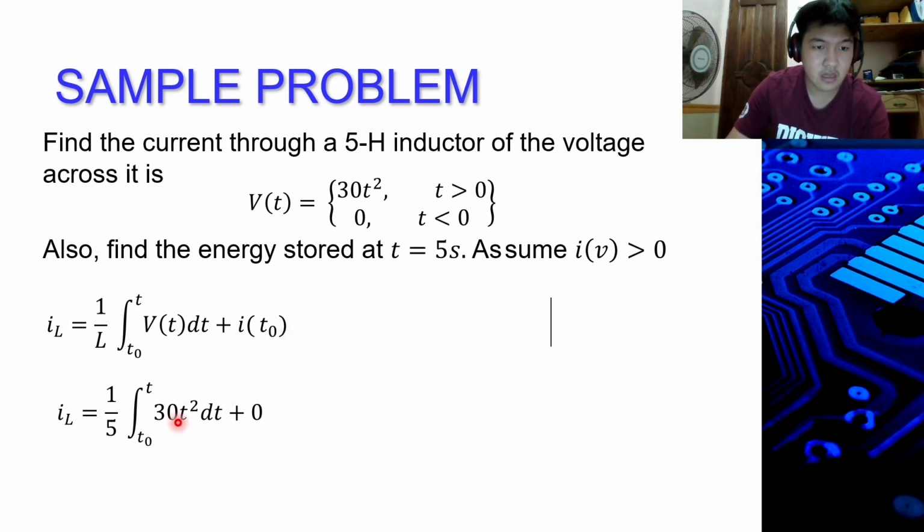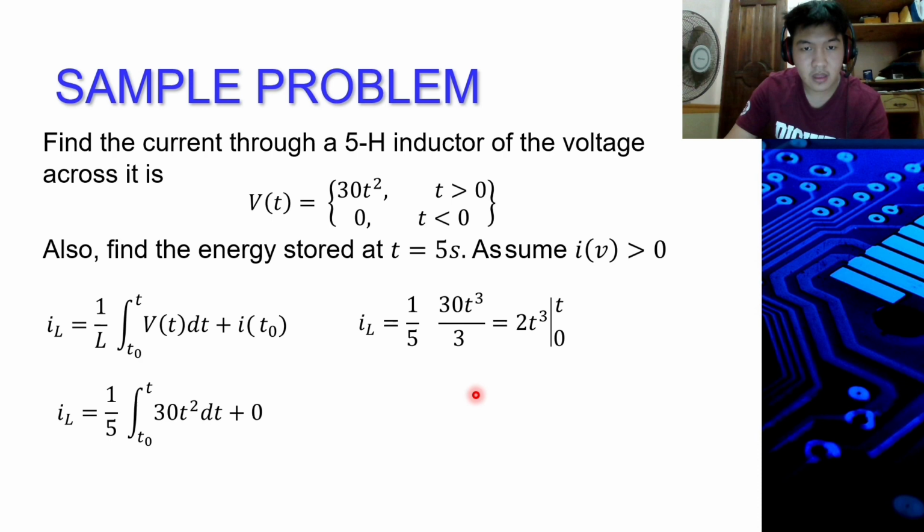And if we integrate 30 t squared, we can get 1 over 5 times 30 t cubed over 3, which is equal to 2t cubed from 0 to t.